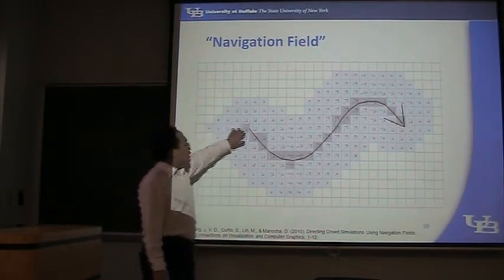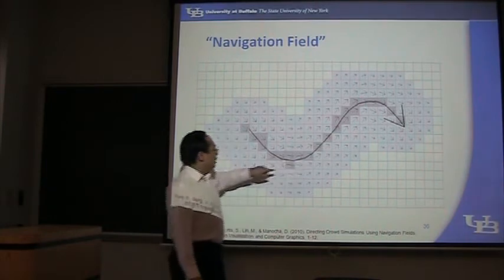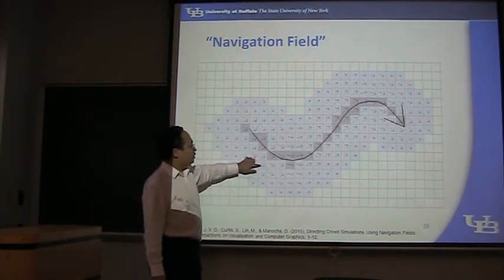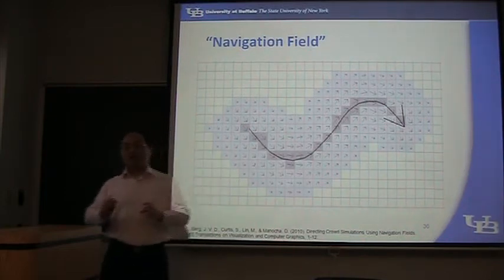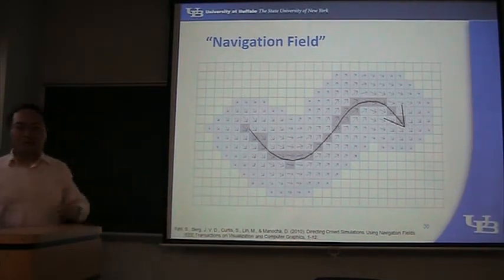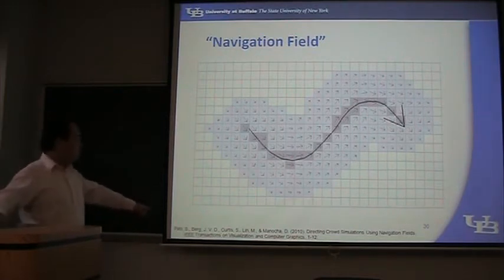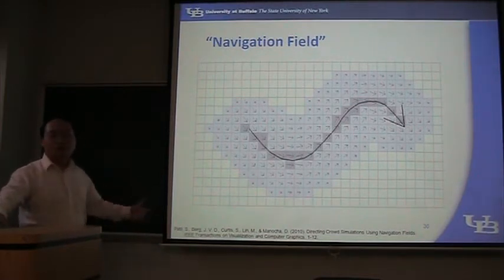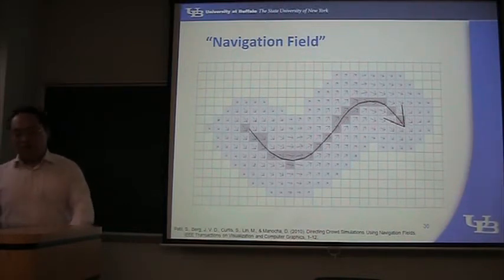In their methodology, they are going to use a field, and this will be the trace, and the arrows in each cell will represent the strength and the direction of the field at that point. This paper is going to be published in IEEE Transactions on Visualization and Computer Graphics. So let's first watch this video together.